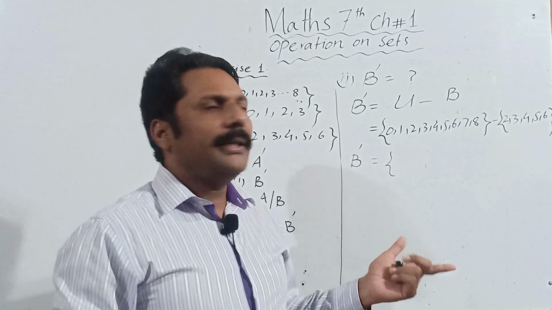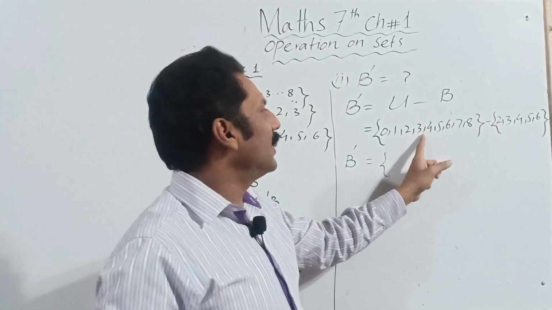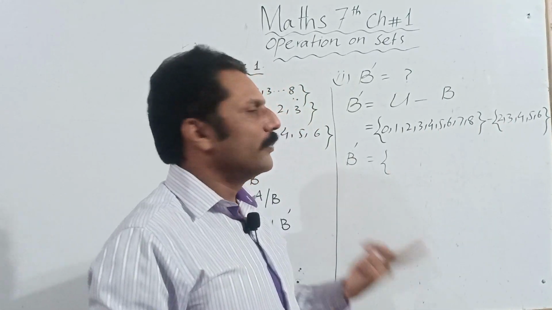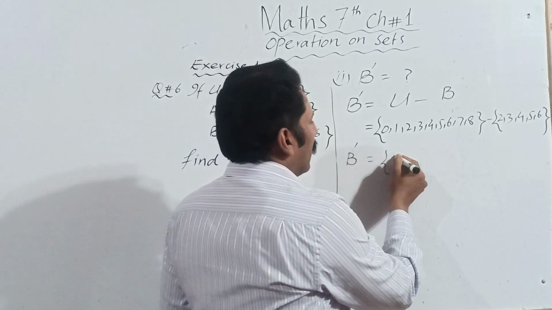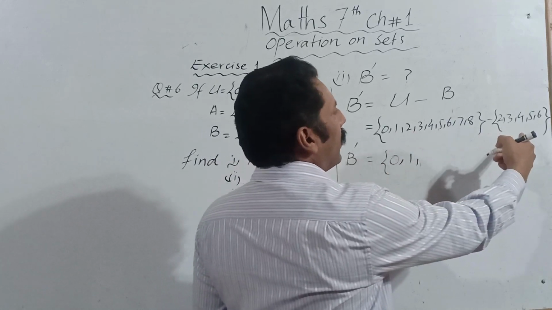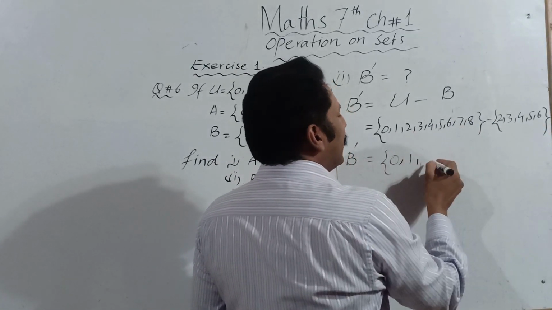So in the second method, you can cancel 2, you can cancel 3, you can cancel 4, 5 and 6. What other elements are left? 0 and 1. 0, 1 and then 2, 3, 4, 5, 6, these are present in B. So we will write only 7 and 8.